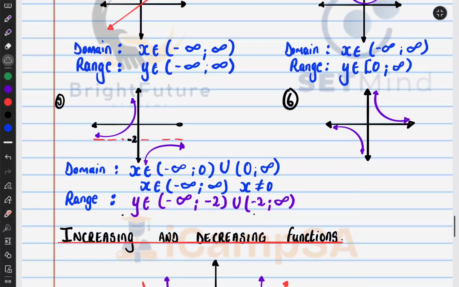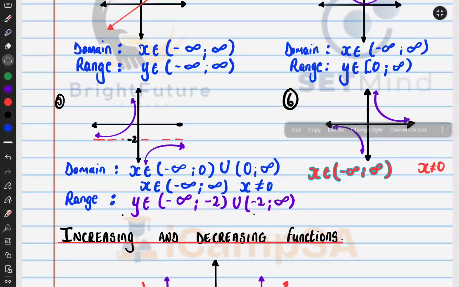Okay, and then next let's do the domain for function number 6. We can see that this is a hyperbola, and the asymptotes are x is equal to 0 and y is equal to 0, so those are not included. So for the domain, x is an element from negative infinity to positive infinity, but x is not equal to 0.